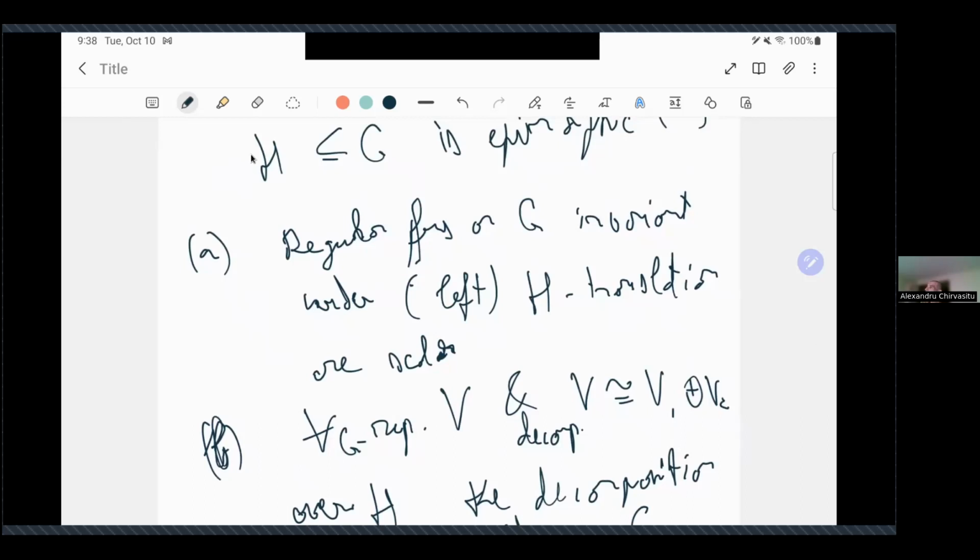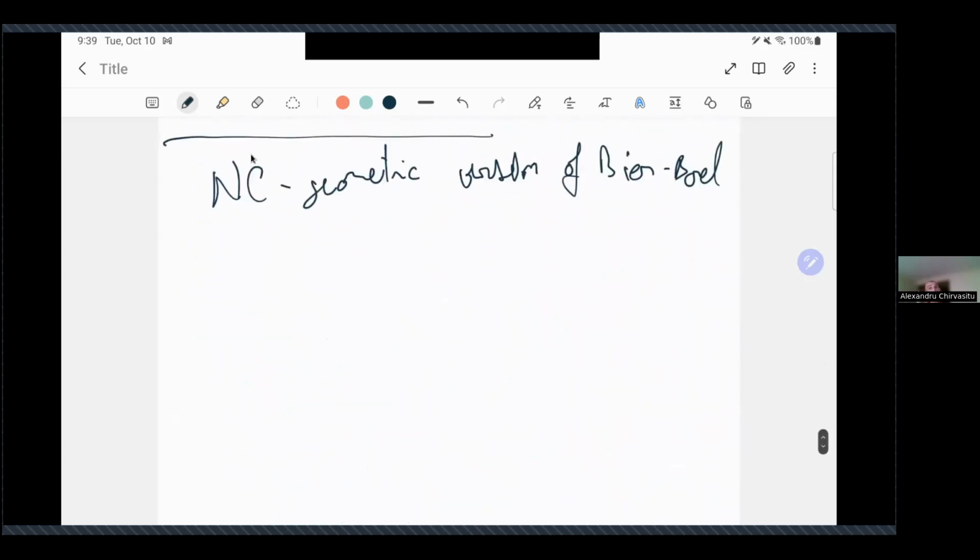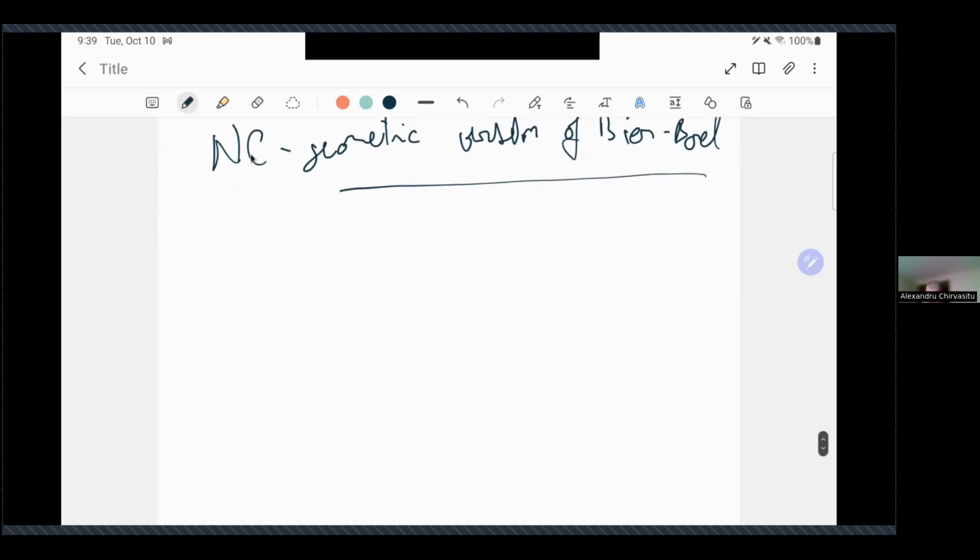The category of commutative Hopf algebras is contravariantly equivalent to the category of linear algebraic groups. So everything I was saying about G representations, I can say about comodules over the Hopf algebra corresponding to G, and so on. And what you know about Hopf algebras, you can specialize to commutative Hopf algebras. So if you prove a version of Bien-Borel for arbitrary Hopf algebras, you'll be able to specialize. So this is not just a version, it's a generalization of Bien-Borel.